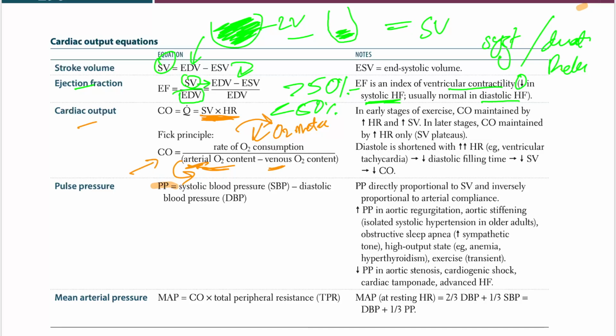Venous O2 content can be checked from the pulmonary artery, the AV difference in the oxygen content. Pulmonary artery, remember, has the venous blood, meaning the right ventricle sends the blood into the pulmonary artery, and this is all deoxygenated blood.